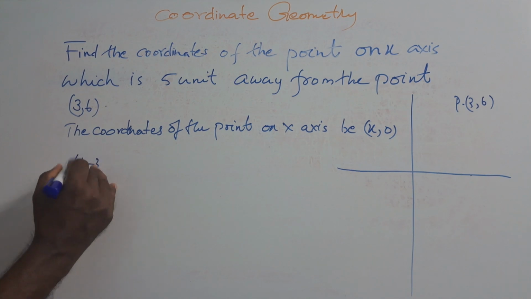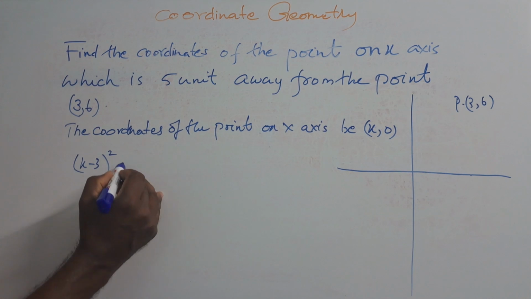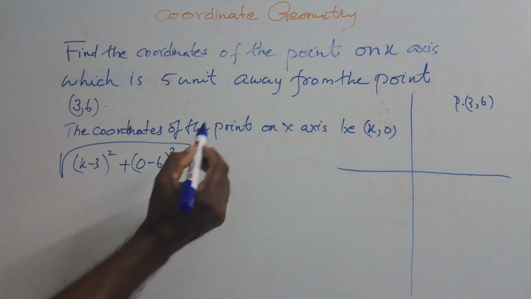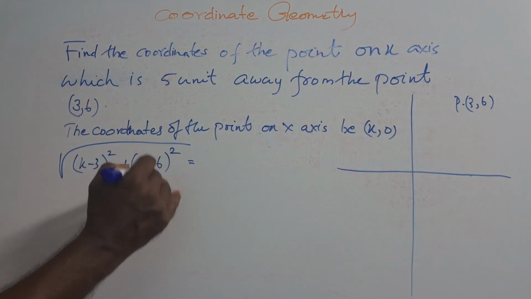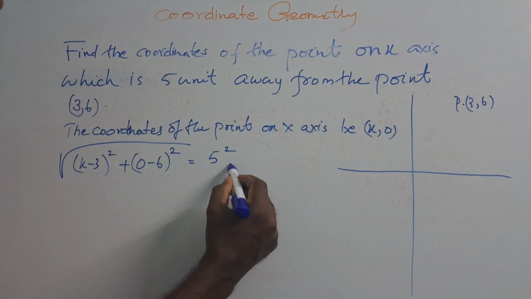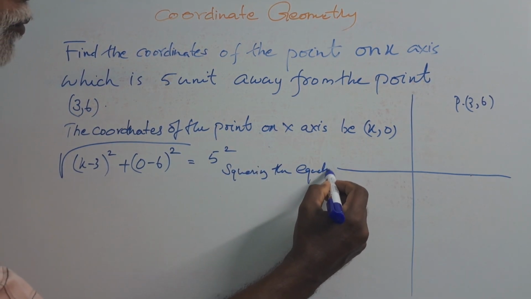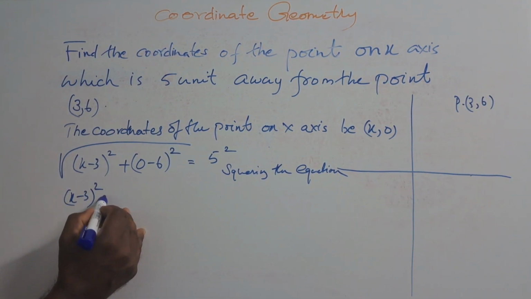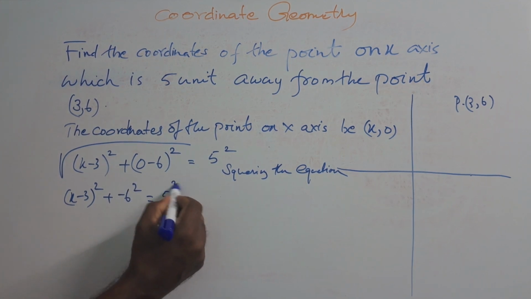X minus 3, the point is (3, 6). Root of (x minus 3) the whole square plus (0 minus 6) the whole square equals 5 square. Squaring the equation, we have (x minus 3) the whole square plus minus 6 square is equal to 5 square.